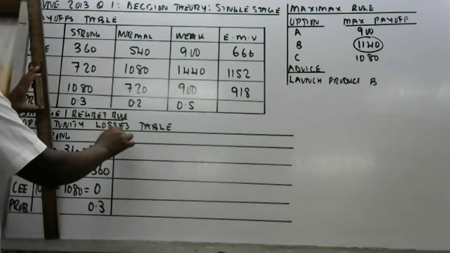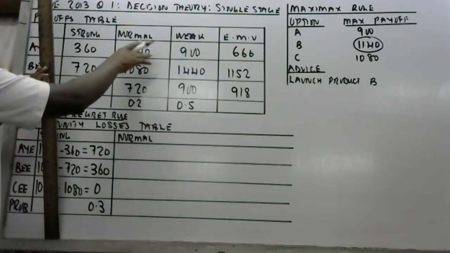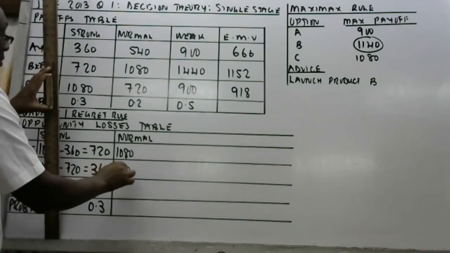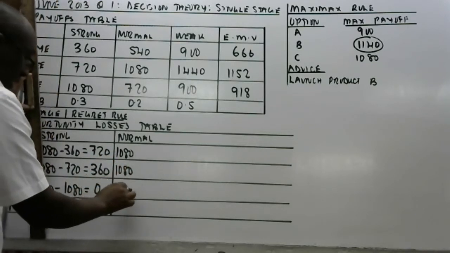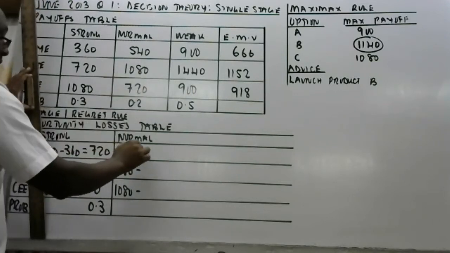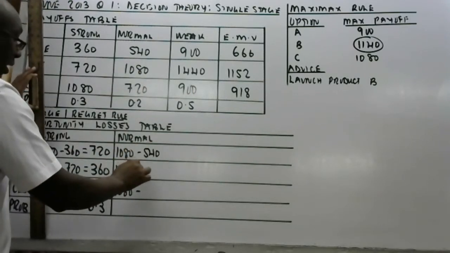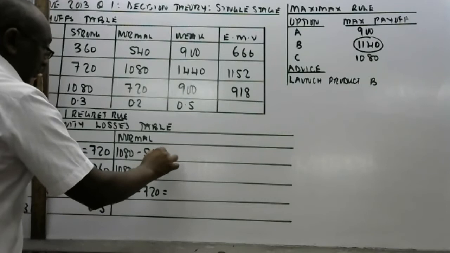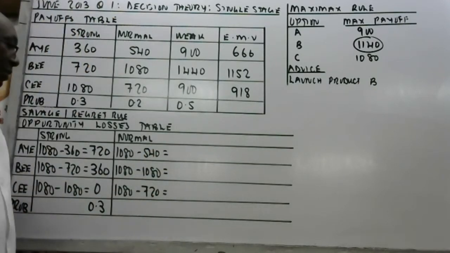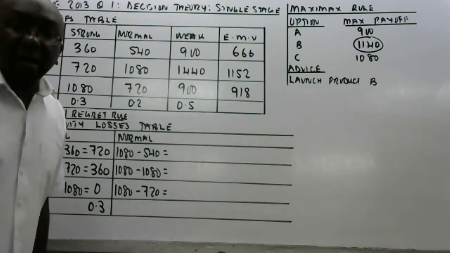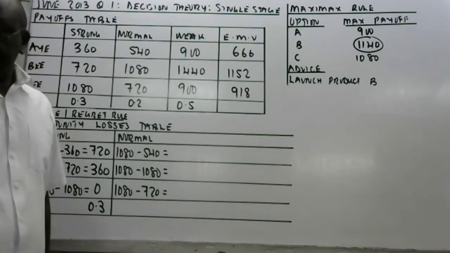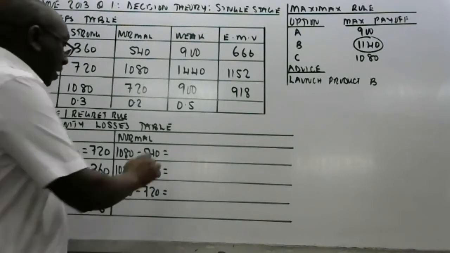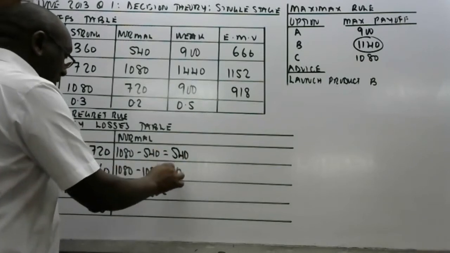We go now to the next one, normal. When you get to normal, again you take the highest. The highest is 1080. Then you start subtracting the others: 540, 1080, and 720. So tell me, 1080 minus 540, what is it? 540, good. This must be 0.